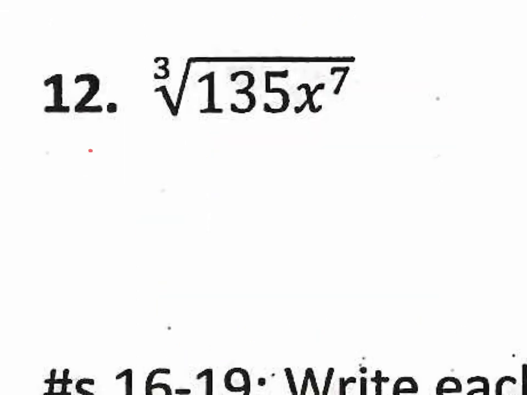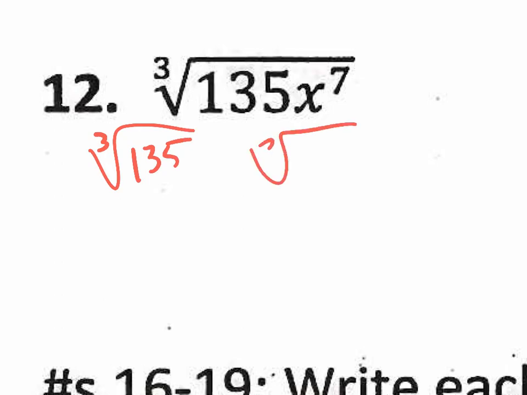Split this one up. Cube root of 135. Cube root of x to the 7th. Now 135, you want a perfect cube number. So it might be 8. It might be 27. It might be 64. 125. I don't think it's bigger than that. So we just need to take 135 with the calculator and divide it by like 27.